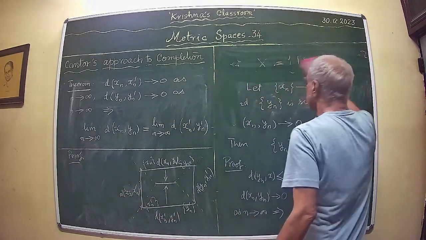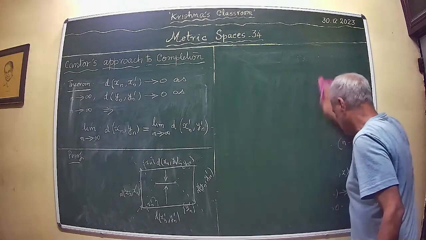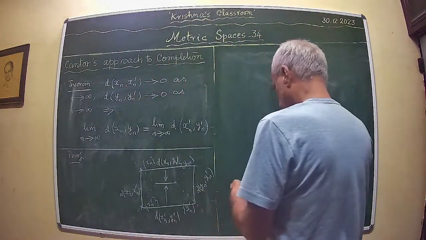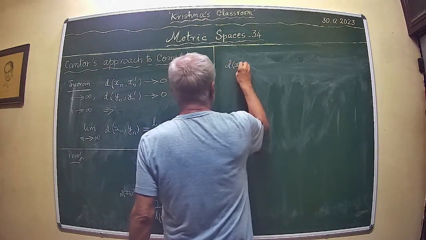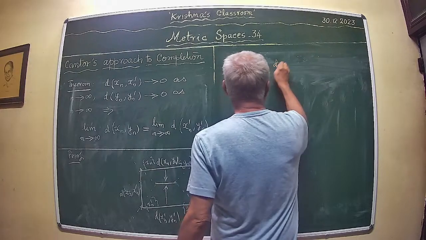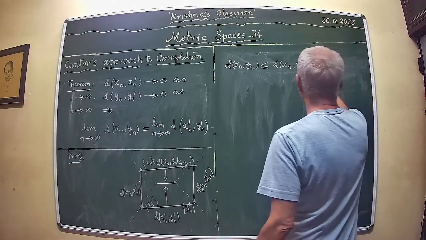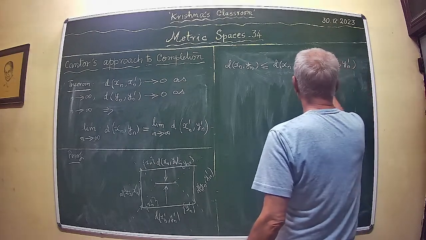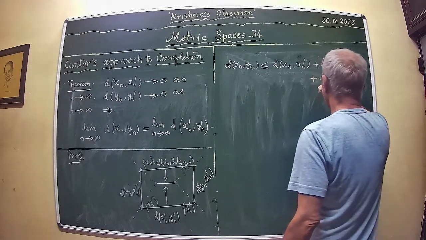So let us prove this. We have d(x_n, y_n), which is less than or equal to d(x_n, x_n prime) plus d(x_n prime, y_n prime) plus d(y_n prime, y_n).